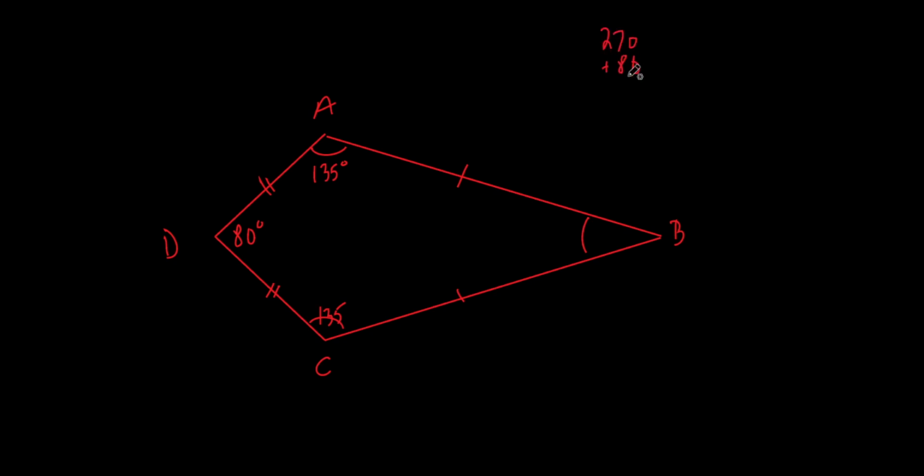Plus 80 is 350. Yep, 350. Now you can do the math in your head. It's pretty easy. How do I find this? Take 360 minus 350, which is 10 degrees. Again, it looks a little more than 10, but that's probably not correct anyway, but it's good enough. That's how you would do it.